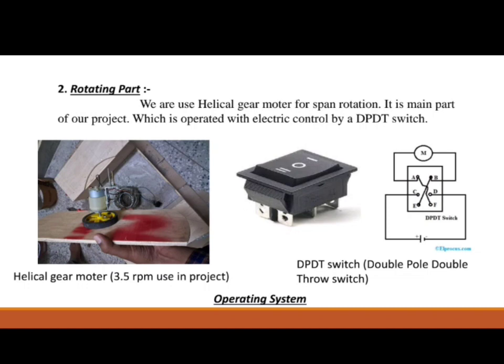Helical gear reduction motor having RPM 3.5. A DPDT switch is used where an open or closed swing or wiring system is needed. The switch is used for simultaneous switching of two independent signals that should work in tandem.